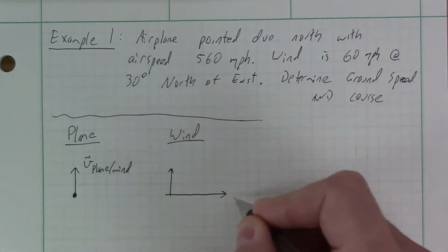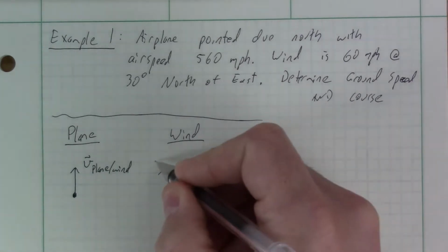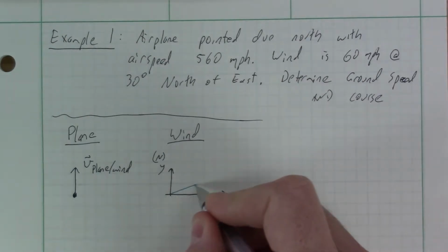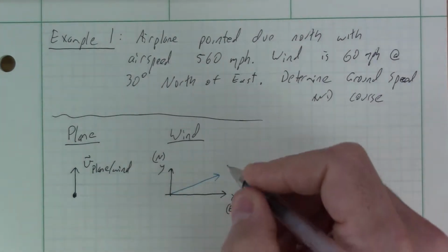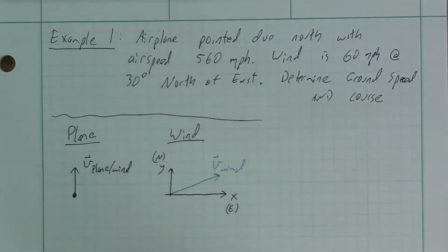Put our x, y, or maybe this is east and north, right? It is moving off in this direction. So this is the velocity of the wind. So this is the velocity in which the plane is moving.